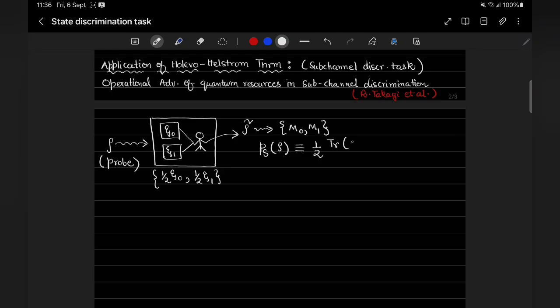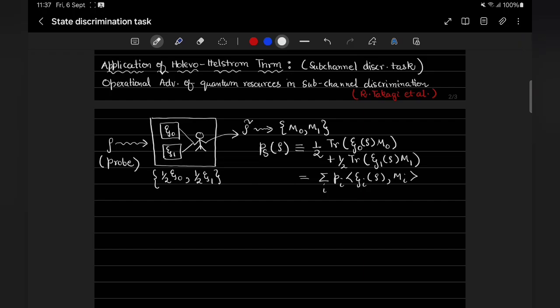So that is the trace of epsilon 0 of rho times M0, plus half the trace of epsilon 1 of rho times M1. This can be written as the summation over i of p_i times the expectation value of epsilon i of rho with M_i. So this is the inner product here, and the idea is to maximize this probability of success.